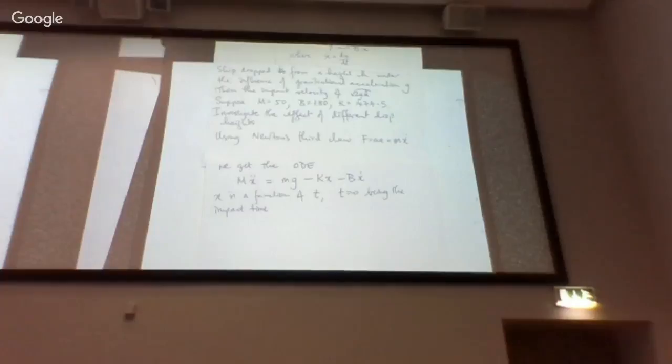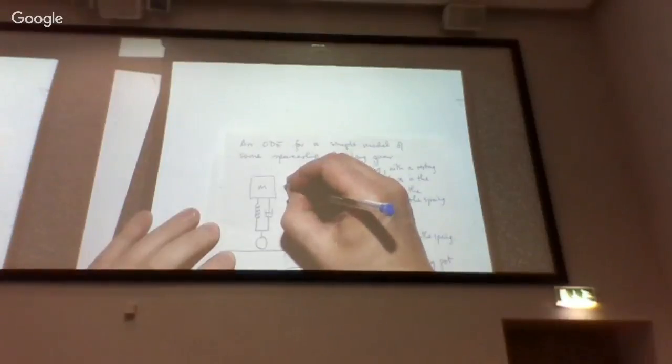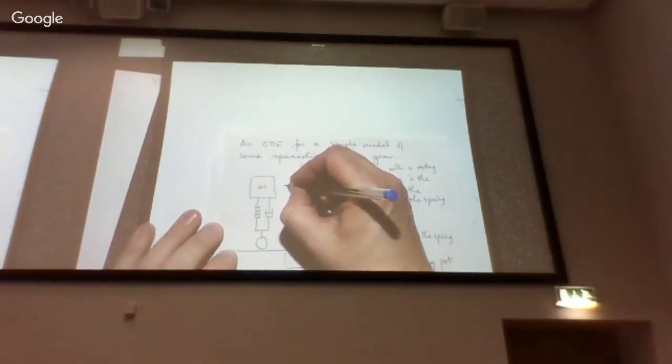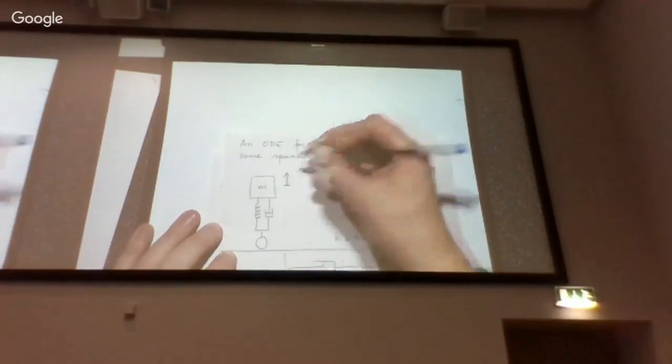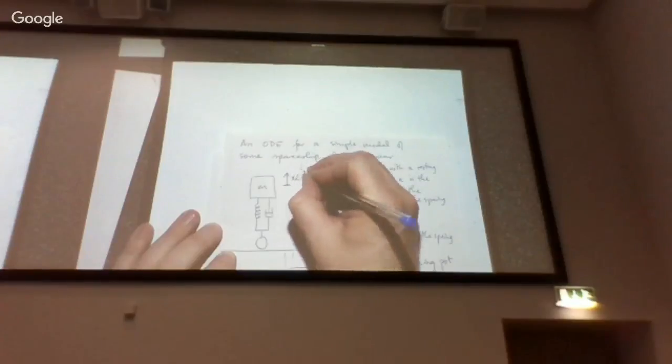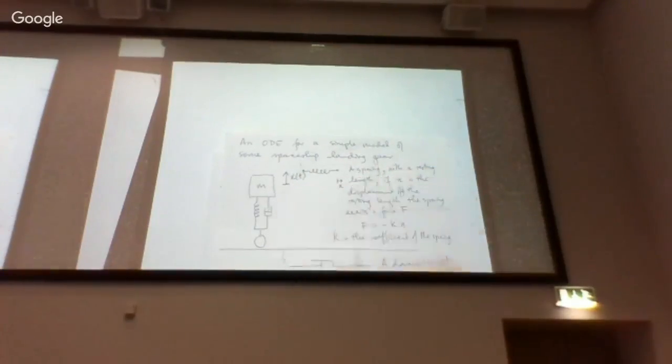So x, sorry, I should have indicated on the diagram what x is. x of t is the displacement of the mass away from its resting length.